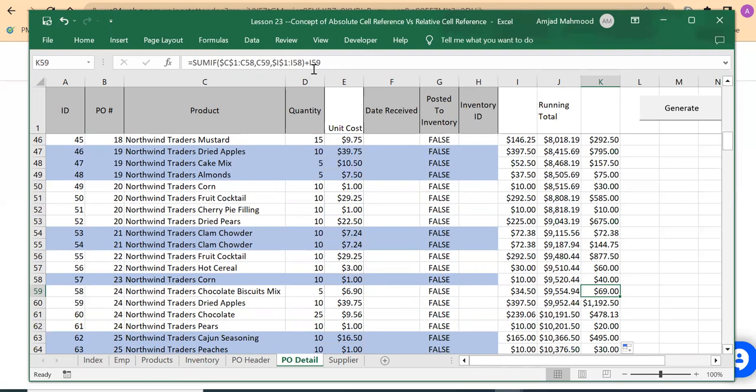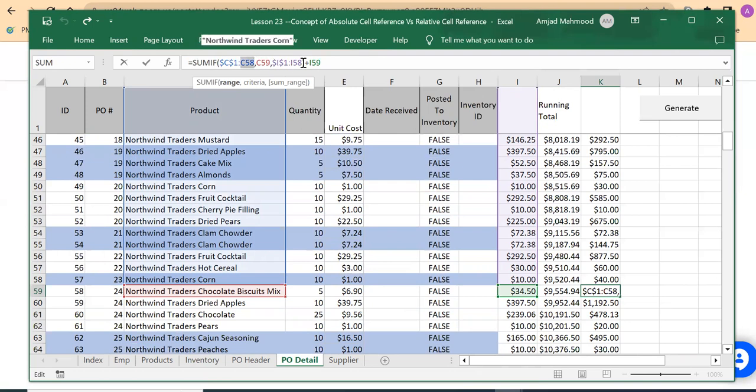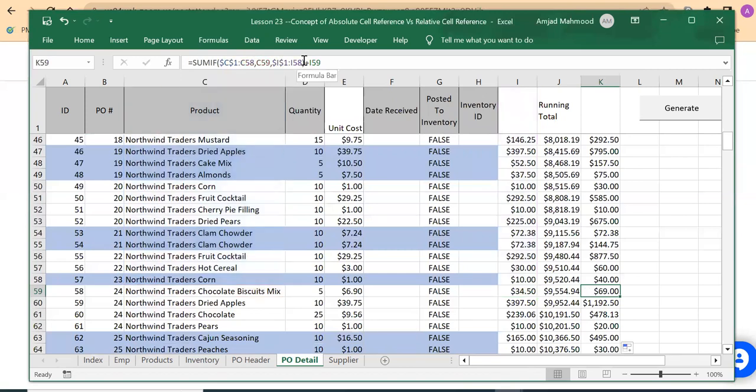So this is the useful function of SUMIF, with the absolute address for the start of range and relative address for the end of range, right? And that gets you a figure, and that is added to its respective current figure and gives you the total.